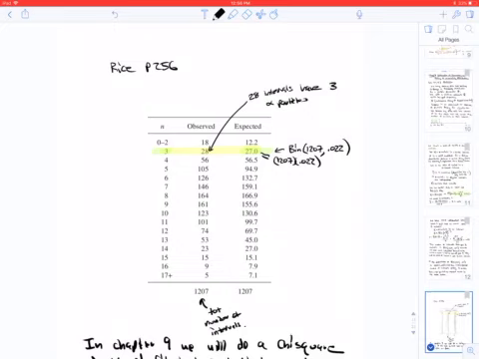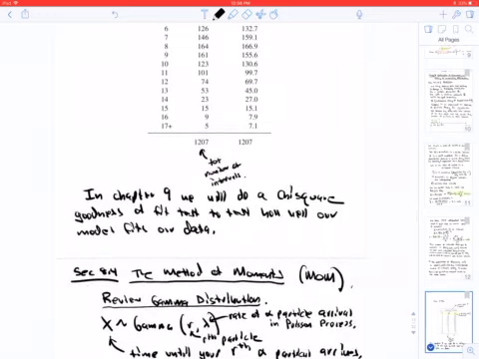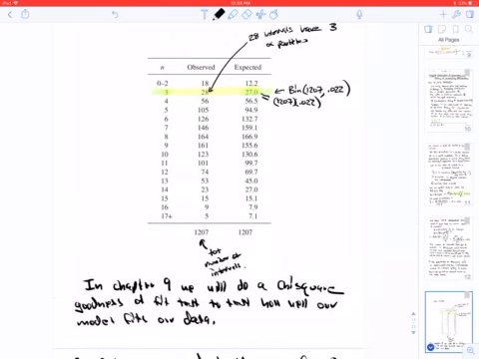And you would do that for each different n here by computing a different probability. We then have a column for expected, a column for observed, and we can assess how good that fit is using a chi-square test that we'll do in Chapter 9.